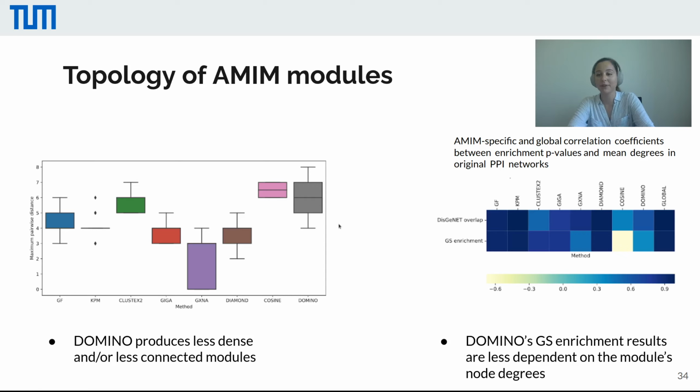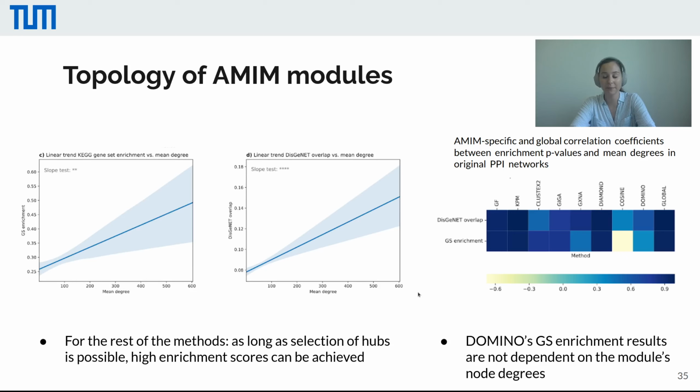And that's also something that we observe on the right plot. Domino has one of the lowest correlations between the enrichment scores and the degree of its models. Cosine also, but unlike Domino's, Cosine results were not too good on the original network.